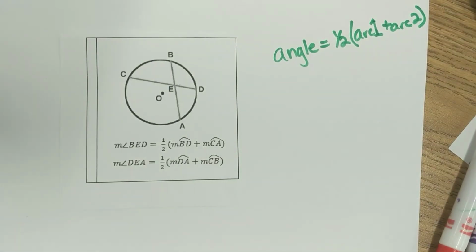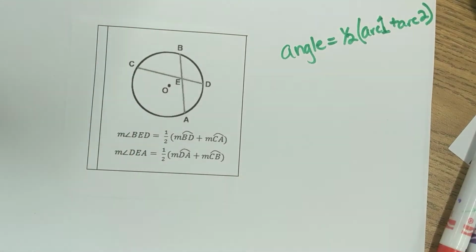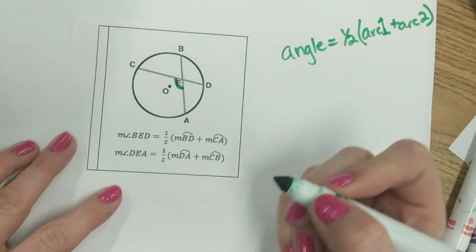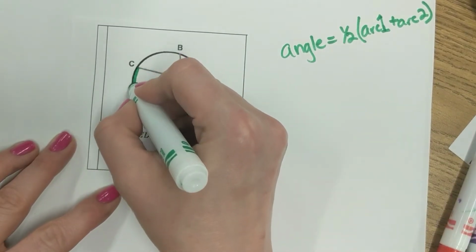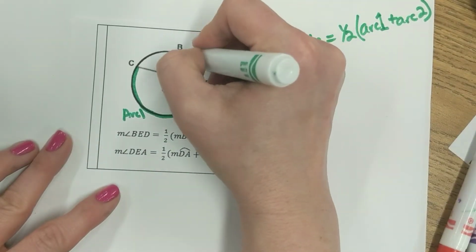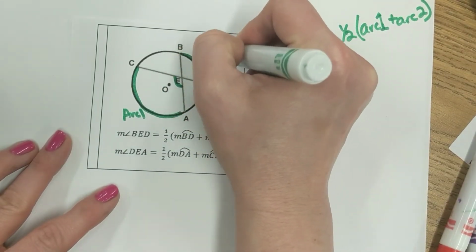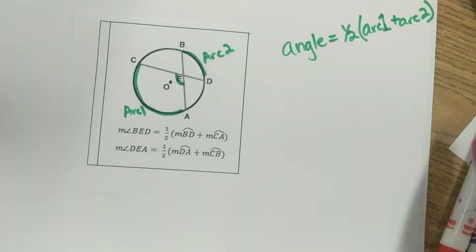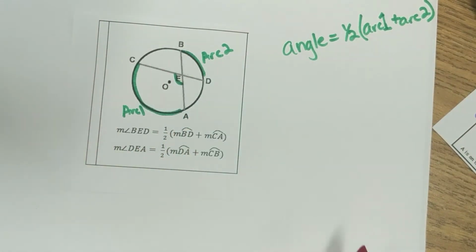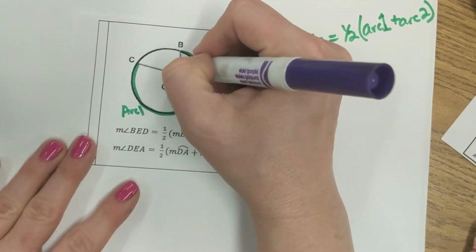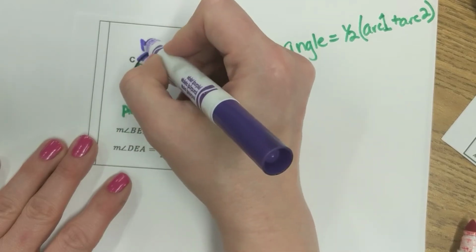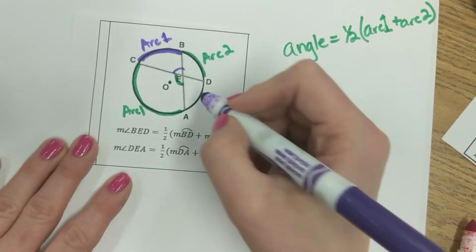So that's the formula that goes with this, and I'm going to show you what those are. If I'm finding this angle right here, this would be arc 1, and this would be arc 2. Arc 1 is the one that would normally go with it, and arc 2 would be the one that's with its vertical angle. Or if I'm finding this angle right here, the purple angle, this would be arc 1 for the purple angle, and this would be arc 2.